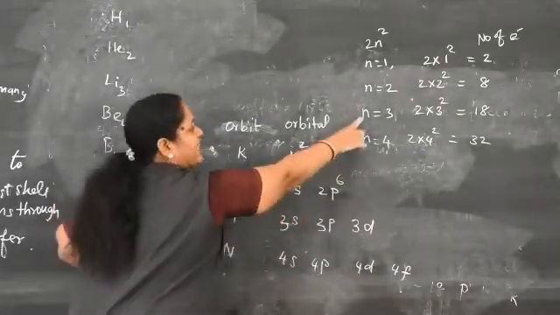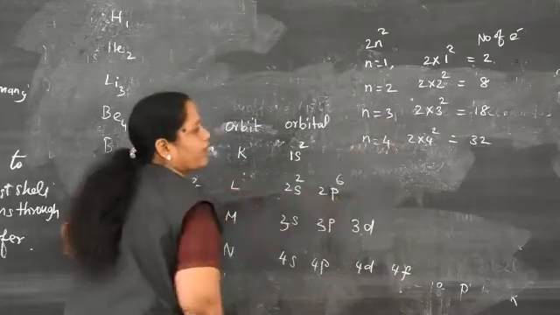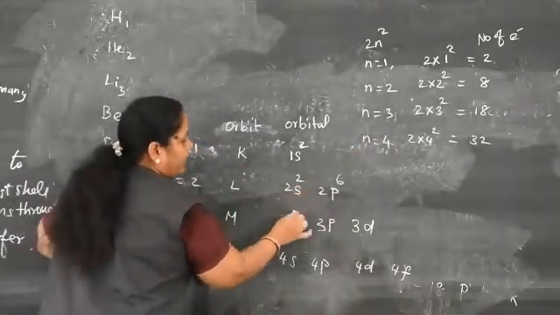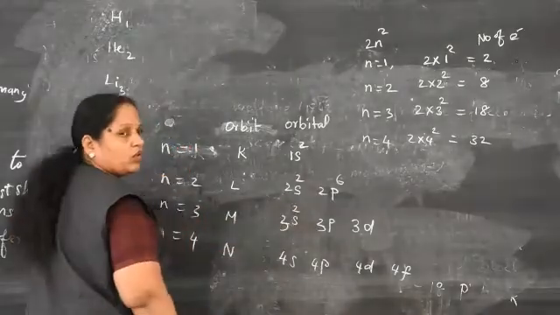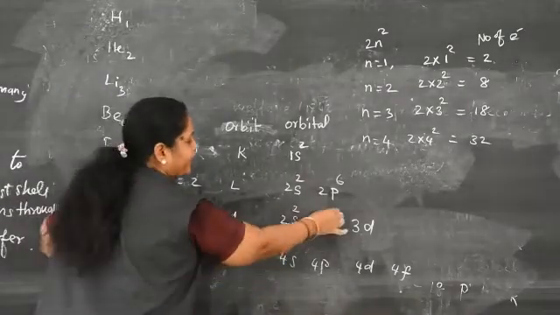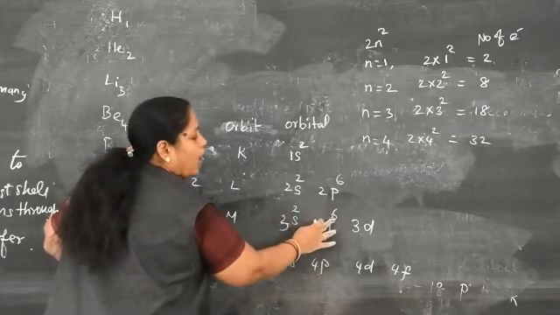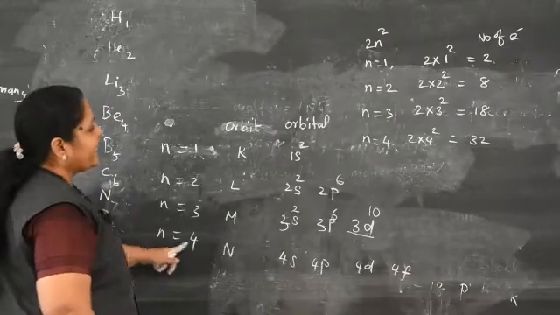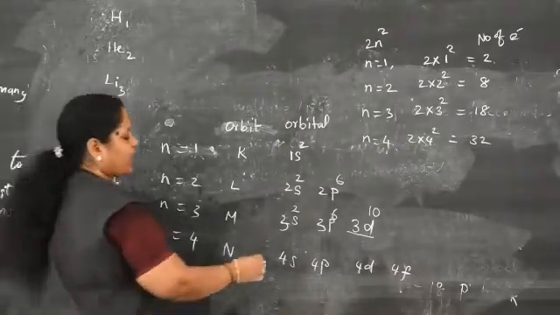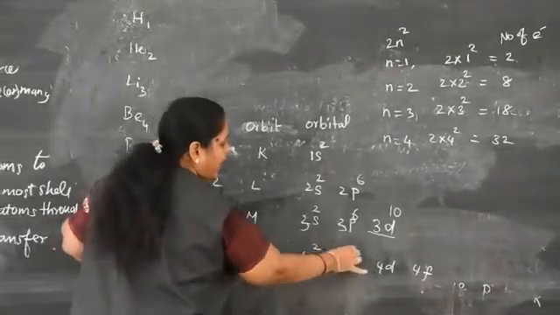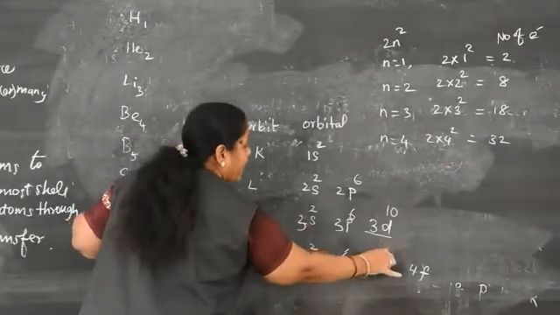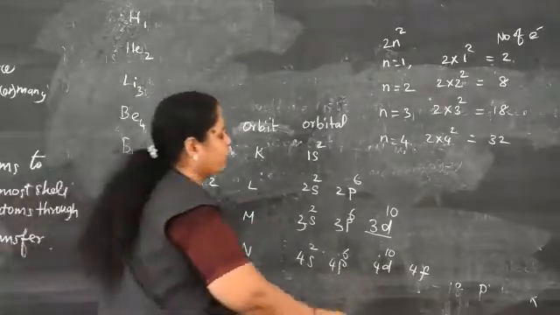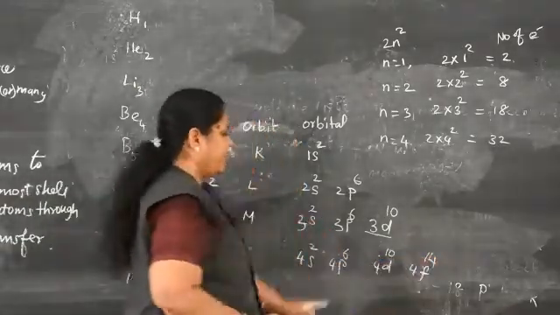n equal to 3, total number of electrons 18. Already you know very well, number of electrons in s is 2, p is 6. So 8 over, remaining 10 in the d orbital. Like that. n is 4, 32. s has 2 electrons, p 6, d maximum 10. 2 plus 6 plus 10 is 18, remaining 14.